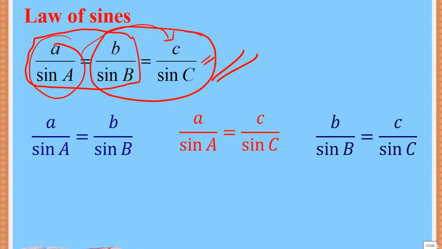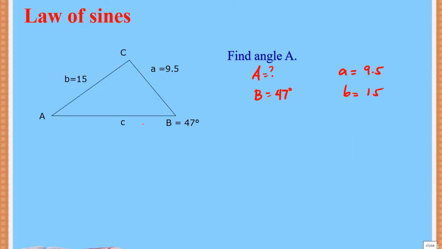Now, looking at the formula for the sine law, we are being asked about angle A, and the givens in the problem are side B, angle B, and side A. Therefore, we use this formula: A over sine angle A is equal to B over sine angle B. We can substitute the values immediately.